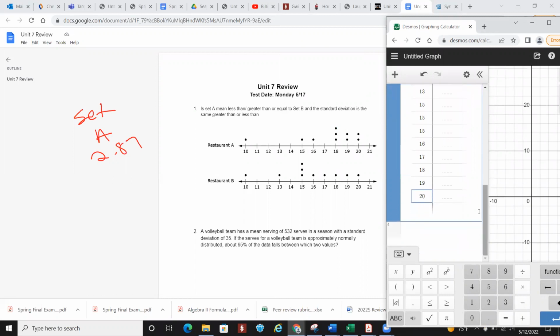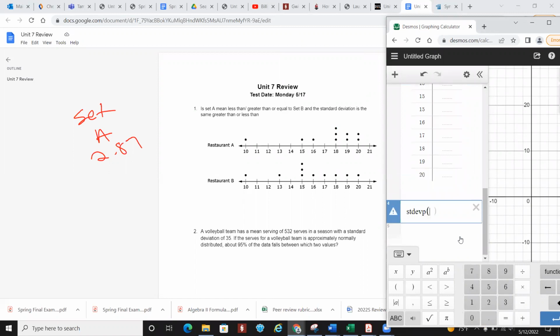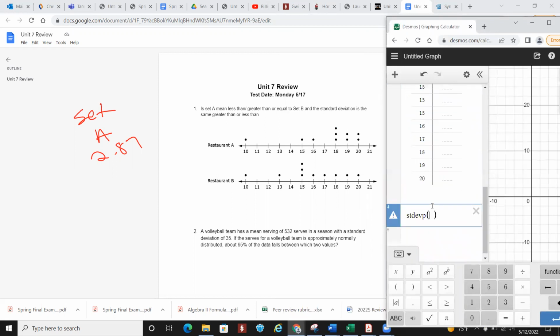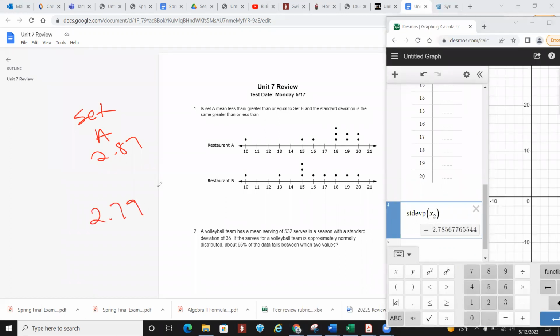And then we'll come down here and type standard deviation, parentheses, X sub 2. And that's 2.79. Okay, so which one has a bigger standard deviation? Set A. So set A has a greater standard deviation than B.